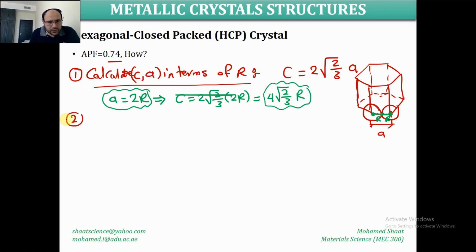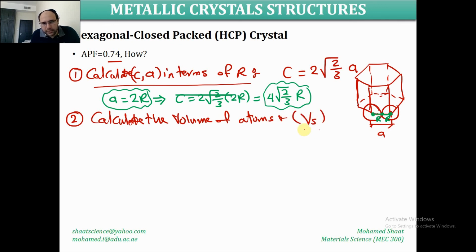Step 2. The second step, as usual, is just to calculate the volume of atoms that form this unit cell, which is Vs. We have 6 atoms that form the HCP crystal structure, right?